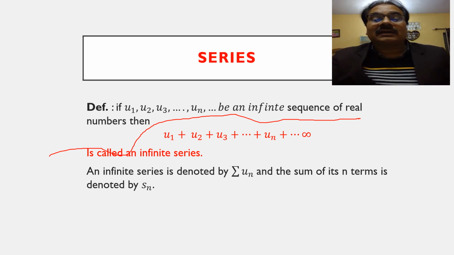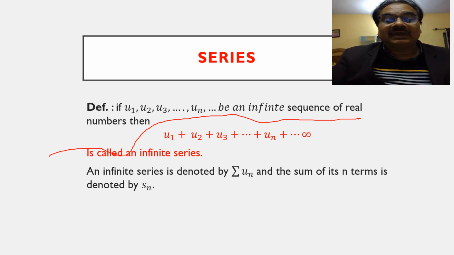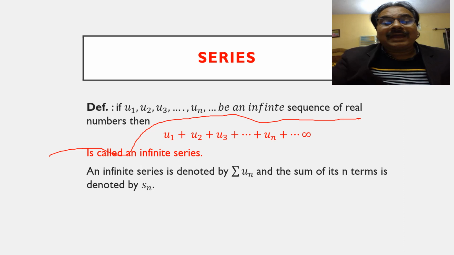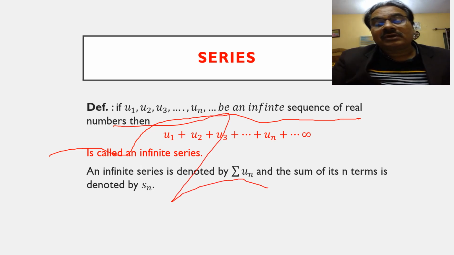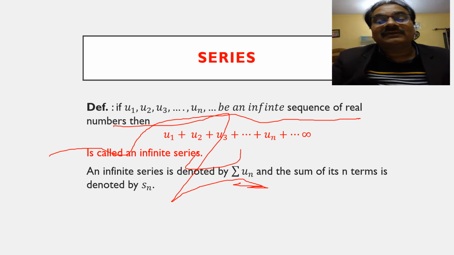An infinite series is denoted by summation of un, and the sum of its first n terms is denoted by Sn.